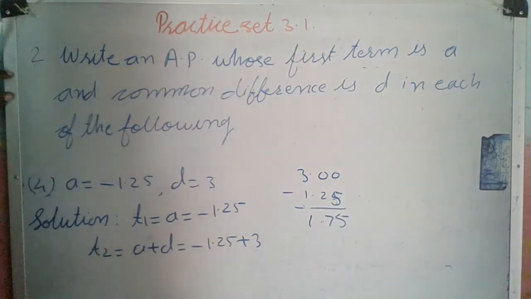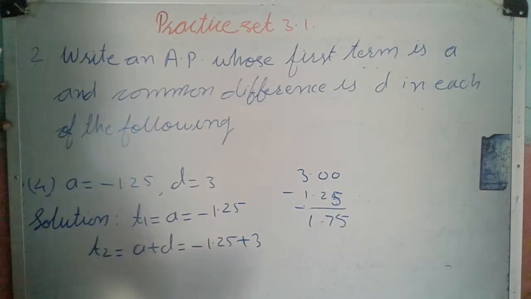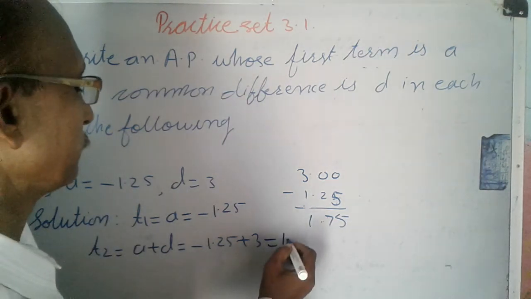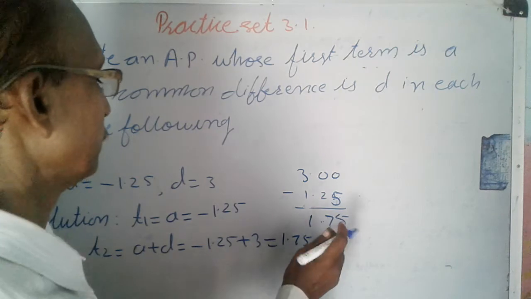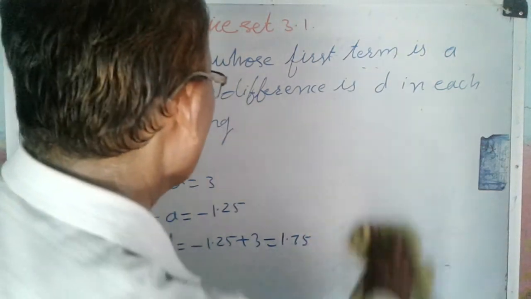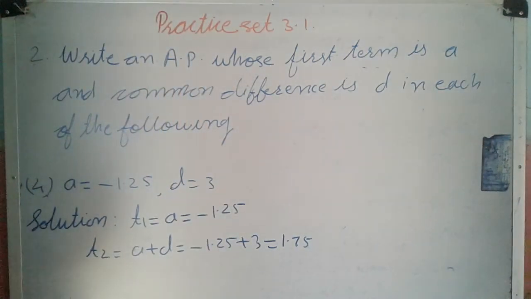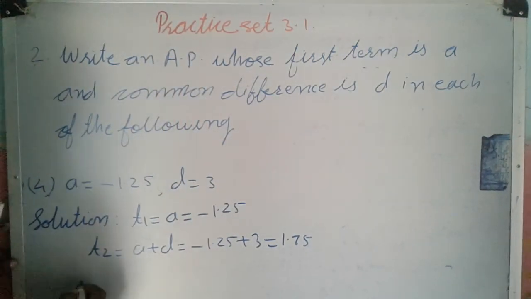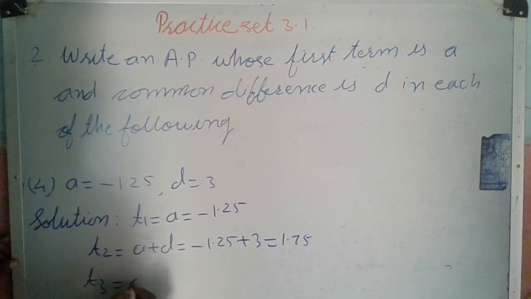That is equal to 1.75. This is the second term. Now third term T3 is equal to a plus 2d.